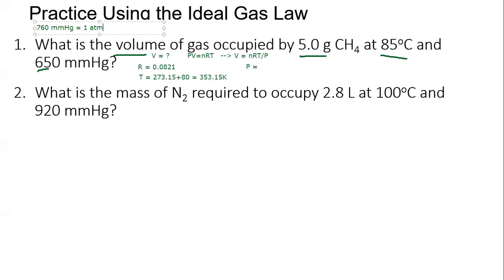If we're going to convert millimeters of mercury to atmospheres, we need to divide by 760. And make sure when you divide for the pressure, you don't round too much. Get 4 or 5 significant figures, because if you round, it could cause a lot of error in your answer.